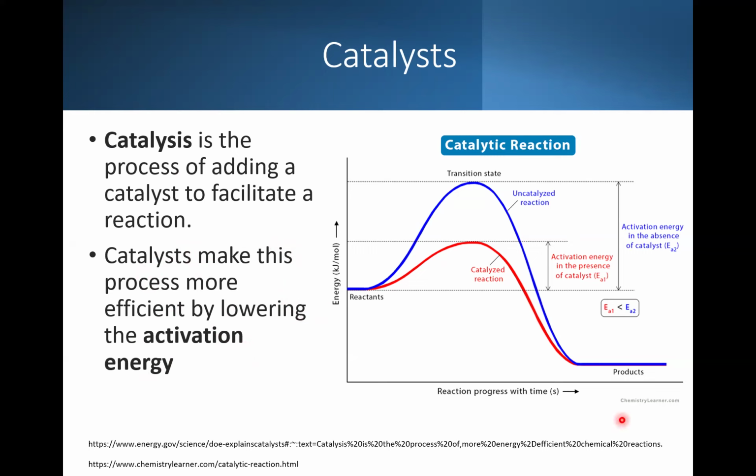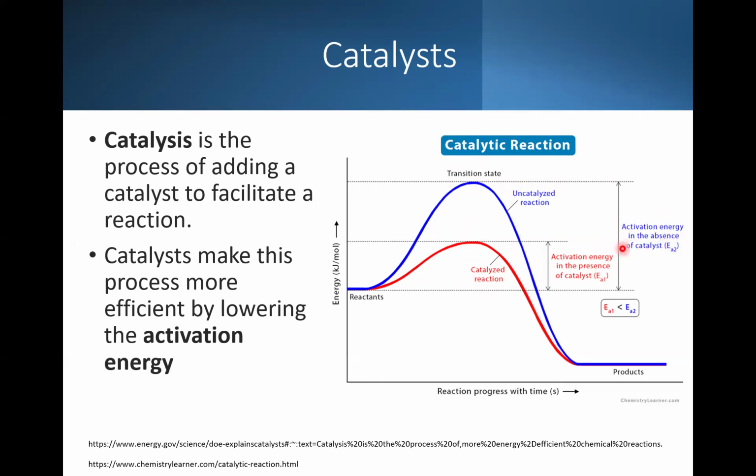So in this case, here you see the reaction progress over time, and the energy for two reactions, one uncatalyzed and one catalyzed. Here we have the transition state, the complex between the reactants, and this is the activation energy in the presence of the catalyst, and here is the activation energy in the absence of the catalyst.